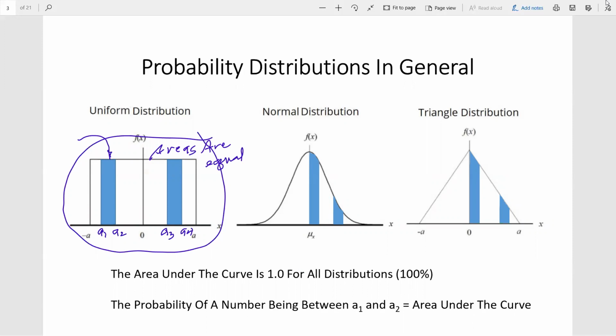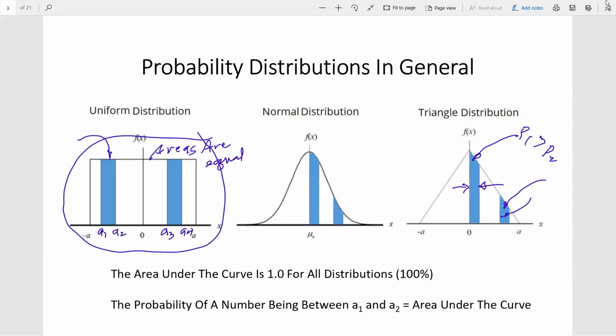However, if you looked at, say, a triangular distribution, the probability that the data is in this first shaded area, say call that probability 1, is going to be more than the probability that the data is in this shaded area.